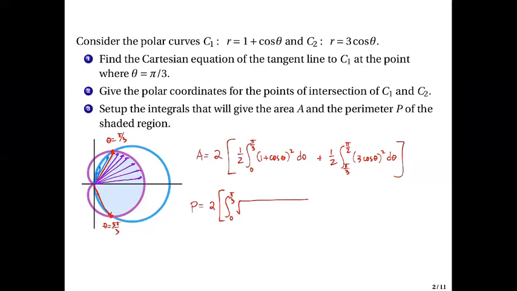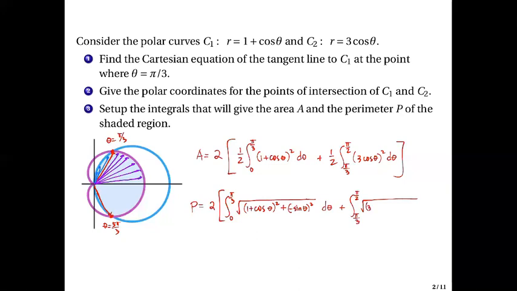So recall the formula for the perimeter. We have r squared, so 1 plus cosine theta squared, plus dr d theta squared, or r prime squared. So we have negative sine theta squared d theta, plus we have the integral from pi over 3 to pi over 2 of the square root.